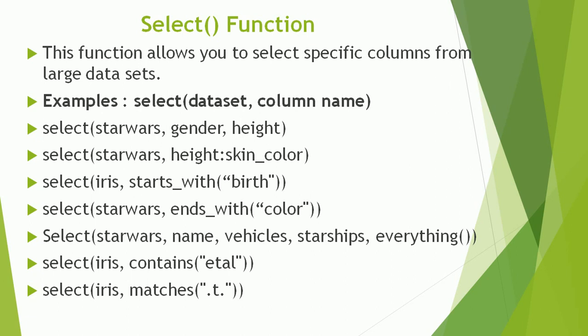We cannot change the spellings, neither the caps nor the lower cases. So we have to be very careful with respect to the case in which we are writing and the case in which we are saving, so that it does not create any error when you are running this particular function.